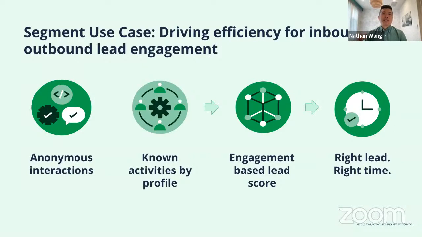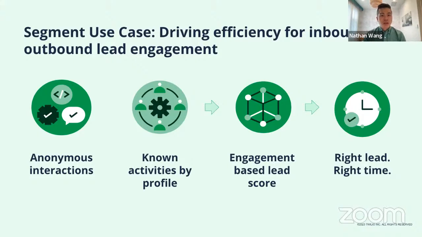Now, here's a specific example where we use identity resolution at Segment to boost our B2B sales funnel. At Segment, we put out many forms of high quality content. So blogs, technical documentation, ebooks, webinars. And usually these are anonymous interactions before leads identify themselves by reaching out to us for a demo request or downloading a piece of gated content.